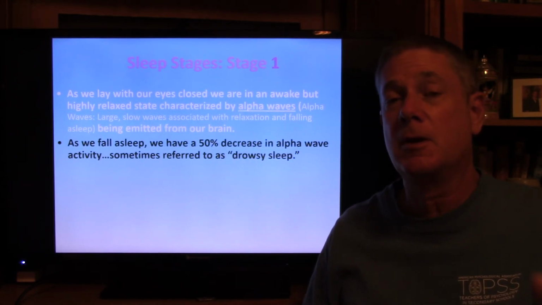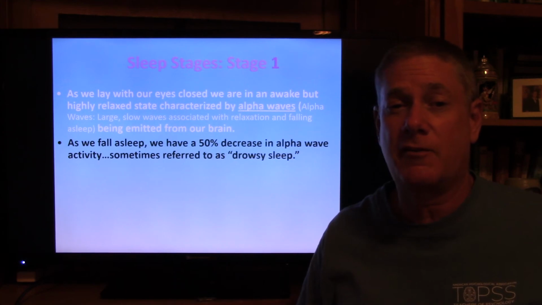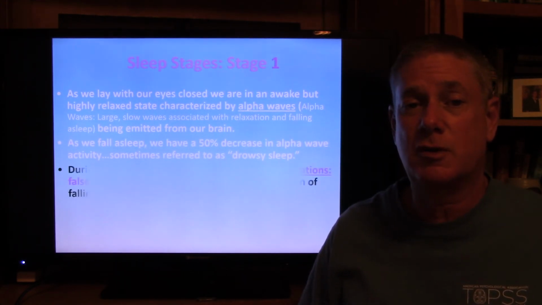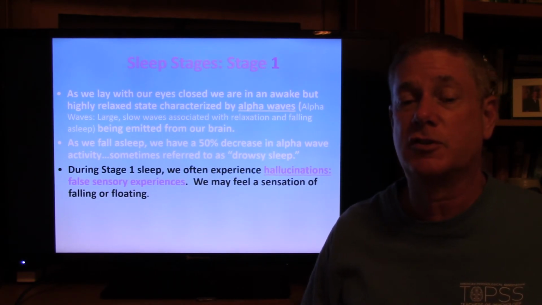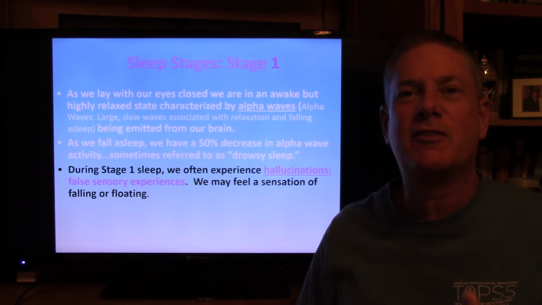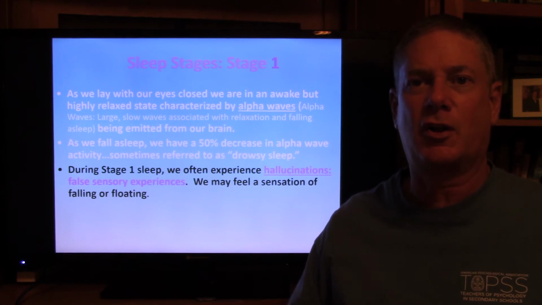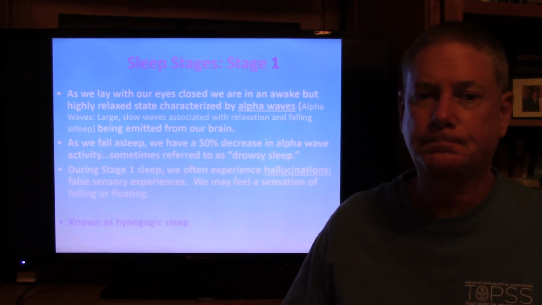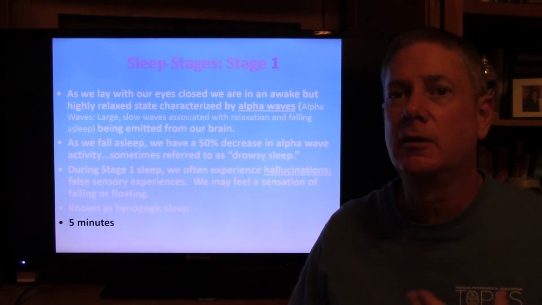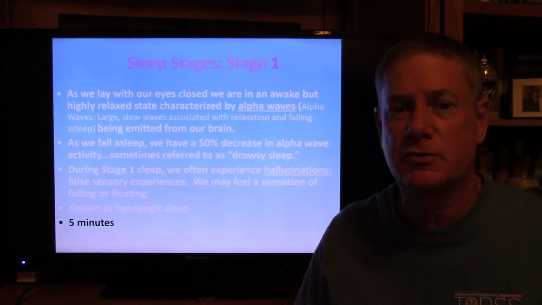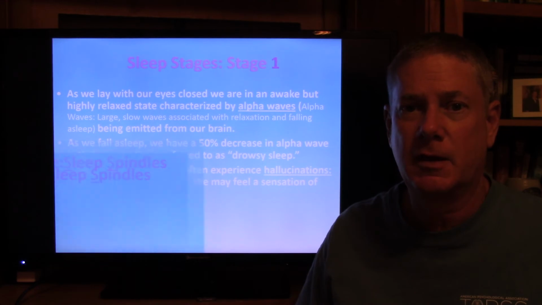As we fall asleep, we have a 50% decrease in alpha wave activity, sometimes known as drowsy sleep. And during this, we experience hallucinations and false sensory experiences. You may have even experienced the sensation of falling or floating. Also known as hypnagogic sleep, and generally, at least for teenagers anyway, 5 minutes of sleep.